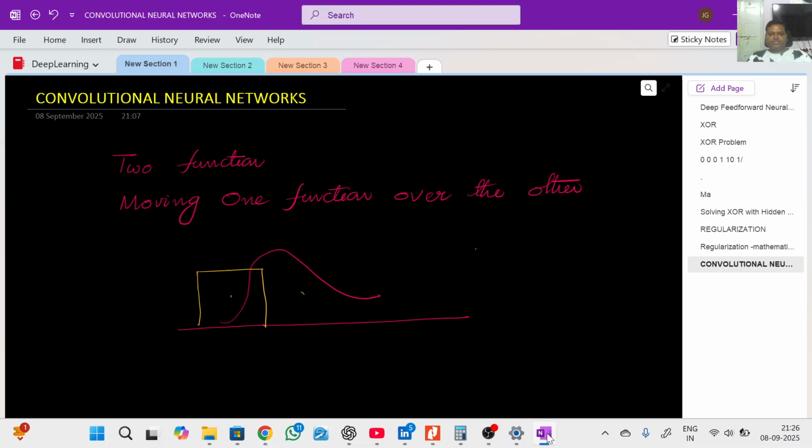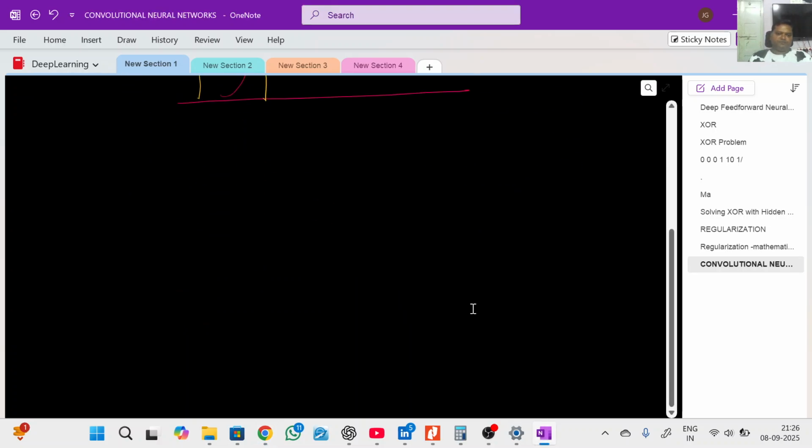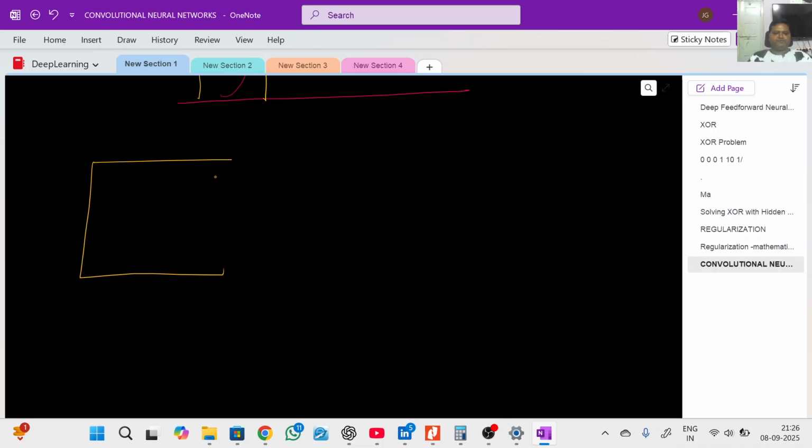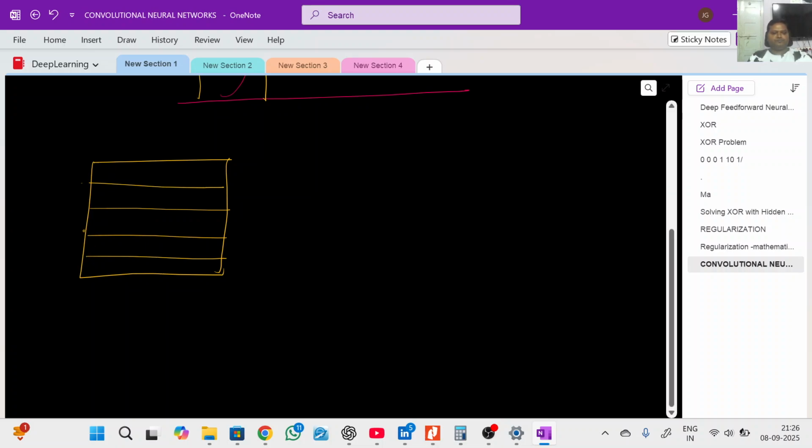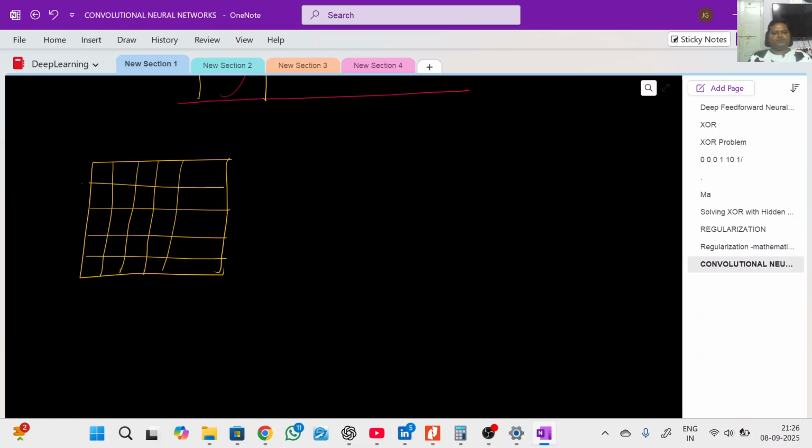Let me take a mathematical example. Suppose you have an image of maybe 5 by 5, with values 1, 2, 3, 4, and so on.